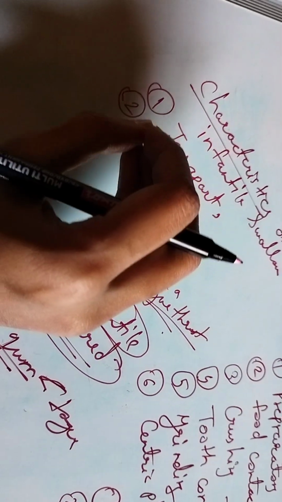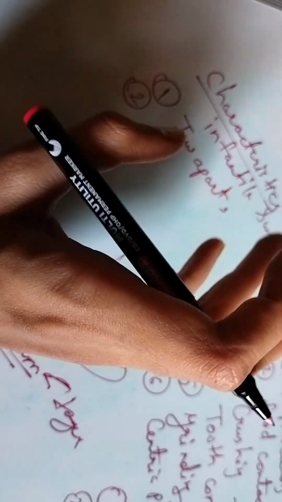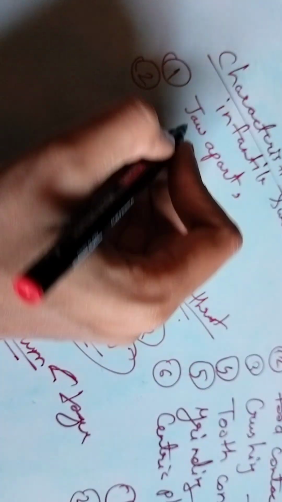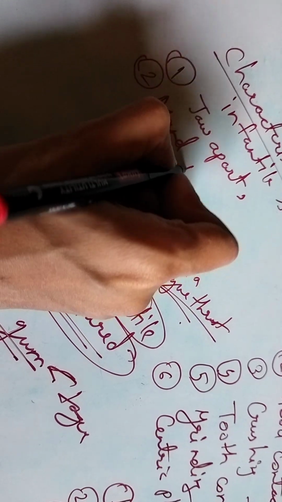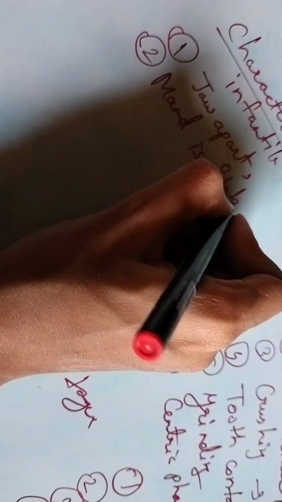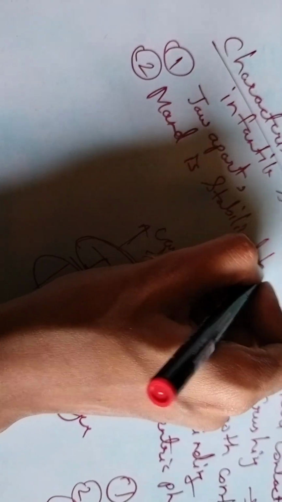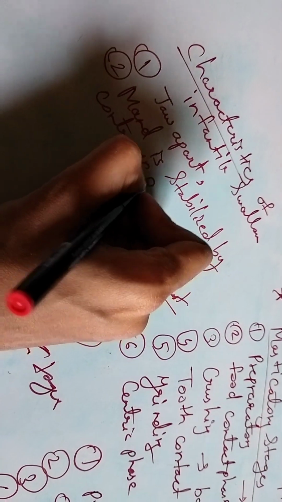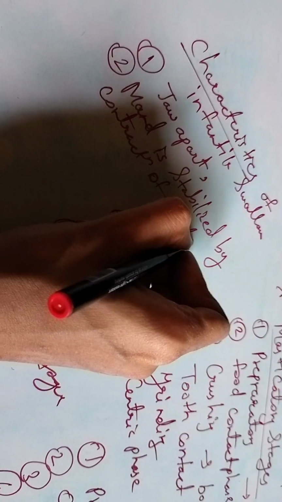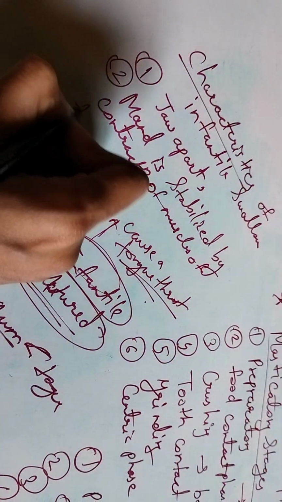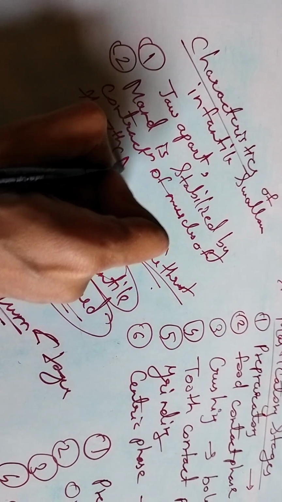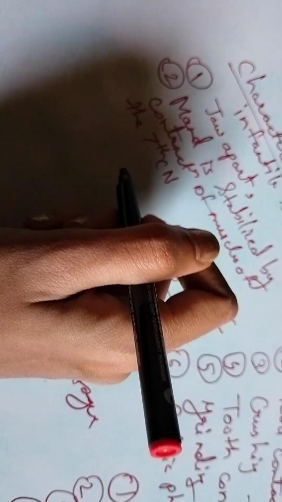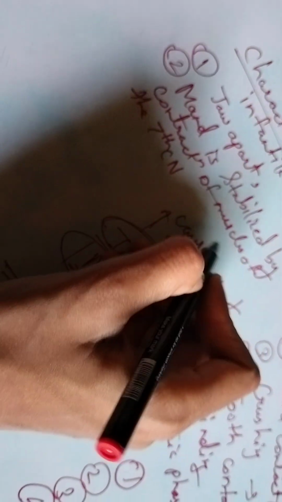Second is the mandible is stabilized primarily by contraction of the muscles of the seventh cranial nerve. Which is the seventh cranial nerve? Facial nerve. And the interposed tongue.